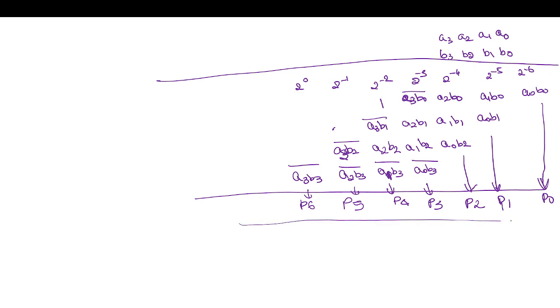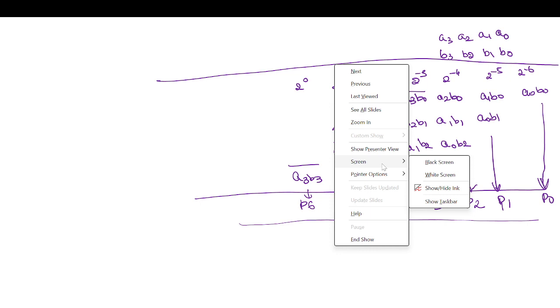So this is the algorithm. Now if this is the multiplier algorithm, here it is direct. We need one AND gate. Here we need one half adder.